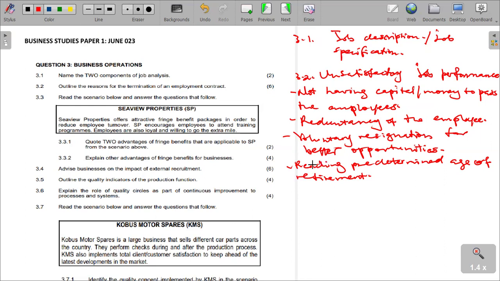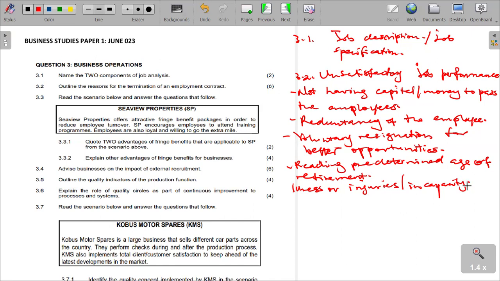We can also talk about incapacity to work due to illness or injuries, which might cause the contract to be terminated, which we can call incapacity. Failing to give your best in regard to what is expected in the position.